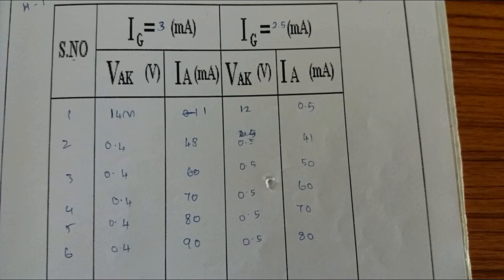Once the voltage level reaches the forward breakover voltage, the thyristor starts conducting. Then the voltage drop across the thyristor is suddenly reduced. Correspondingly, the current value will increase. So this is the tabular column. It will show readings for two different gate currents. This is for your reference.